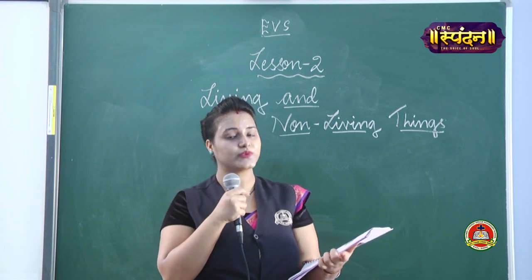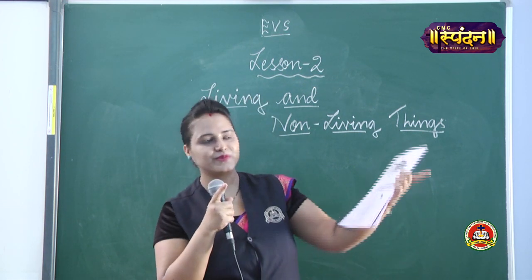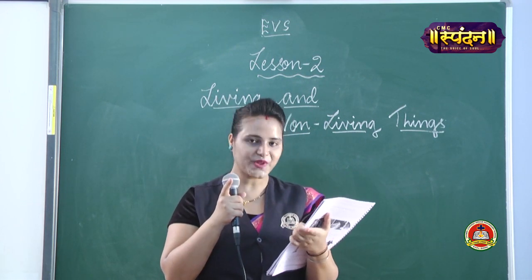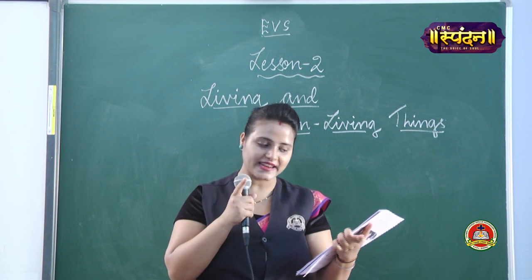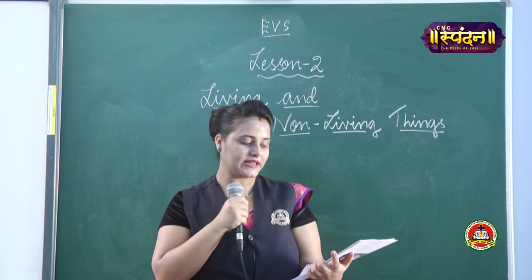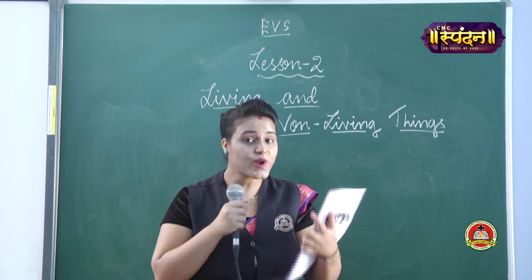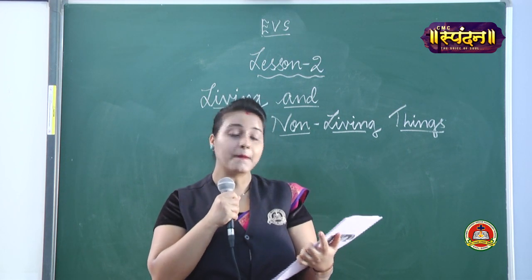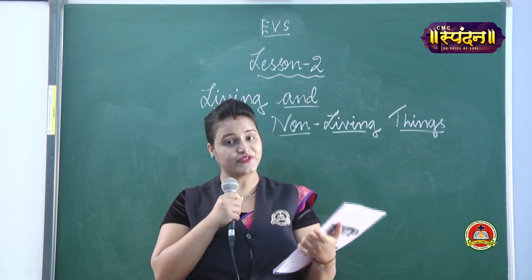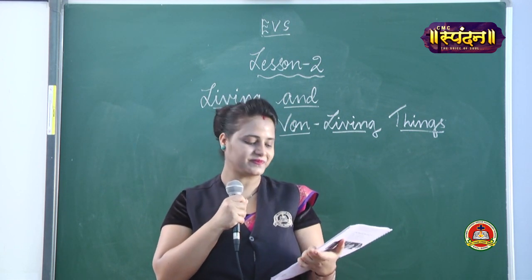Living things move. Do you move here and there from one room to another, or do you stay in one place only? No, you move from one place to another. All living things move. Human beings and animals run and walk. Birds fly. Insects crawl. And fish swim in water.